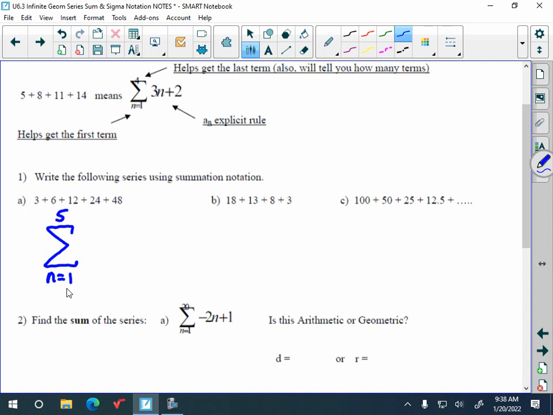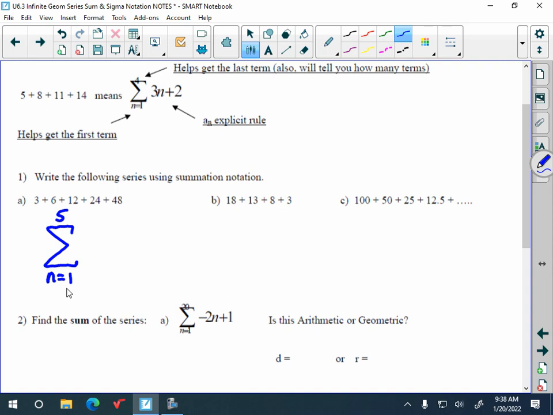All right, now off to the side, we're going to write our AN rule. So we have to figure out, is this arithmetic or is it geometric? It's geometric, and so we can see that we're multiplying by 2. So we take our explicit formula on our sheet for geometric, that's the A1 times R to the n minus 1, and plug the A1 and R in to the formula, and then we have it. We're done.